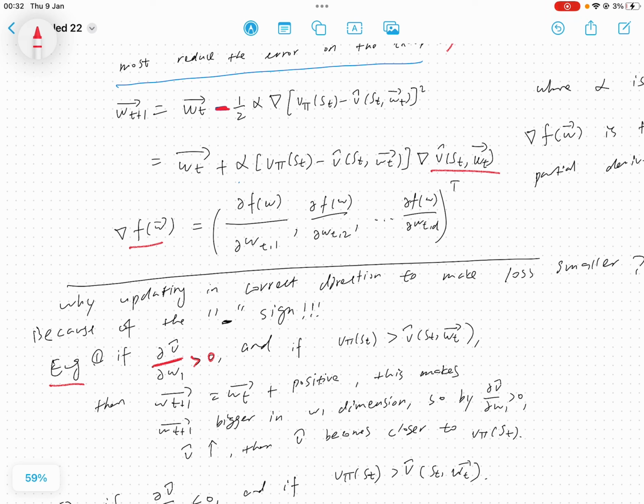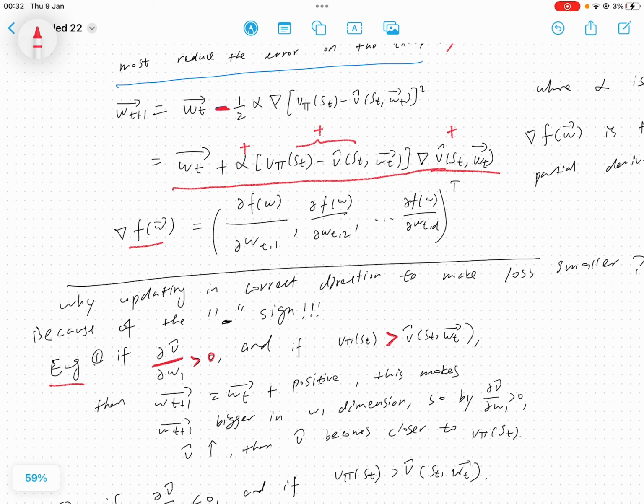And if this ground truth, or this target, is greater than the approximation we had, then we can see from this expression that alpha is positive, and this term is positive, since we said it is bigger than the other one.